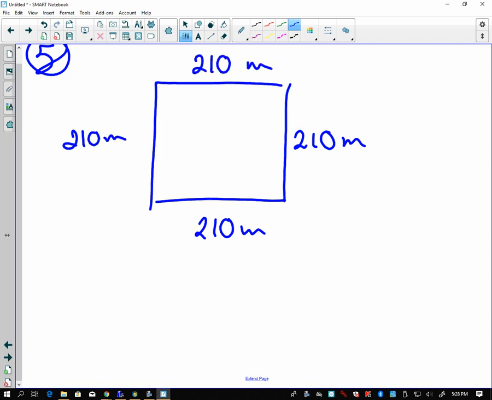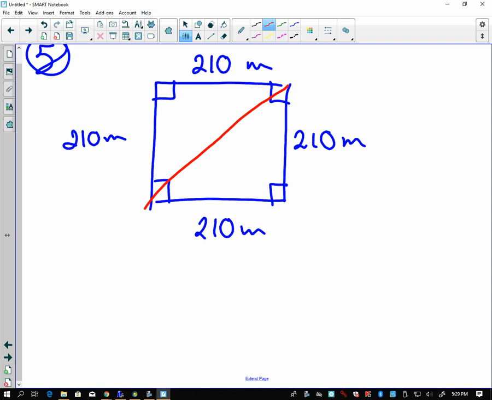And then they tell me, because it's a park, I guess, to separate the two areas of this park, they have a diagonal line that cuts through it. Now, because this is a square, I know that it has right angles. But I've got a diagonal line that separates the two areas of my park here. We want to determine the approximate length of that diagonal line.